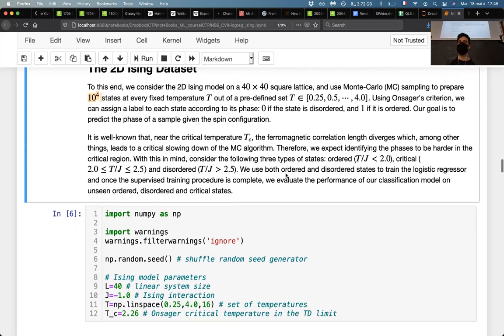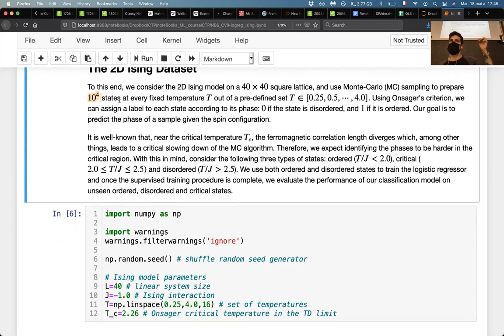So is the task clear? So the data are 10 to the 4 samples, spin configurations, okay, of our Ising model, and the labels are +1 for disordered and 0 for ordered, okay? Each configuration of spins is a vector of size 40 by 40.